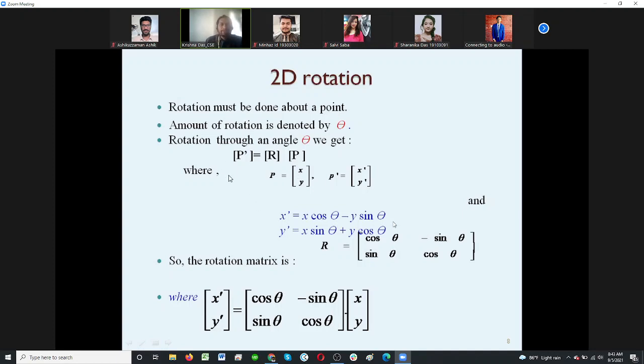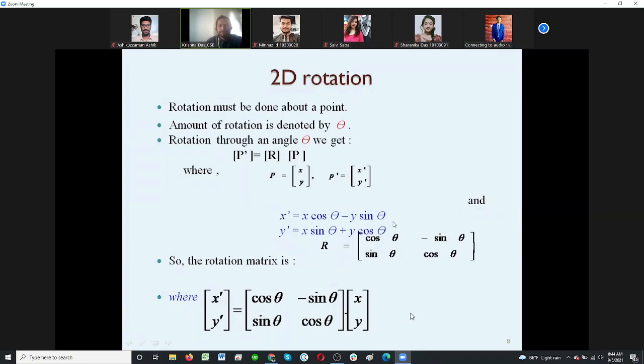We found that the formula is the dot product of the rotation function and the old point column vector, which gives us the new point. So what is the rotation function? The rotation function is the matrix cos theta, minus sine theta, sine theta, cos theta, which is applied to the old point to get x prime and y prime.